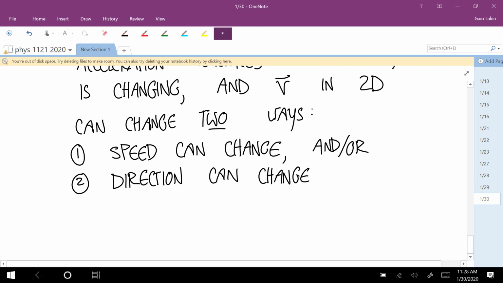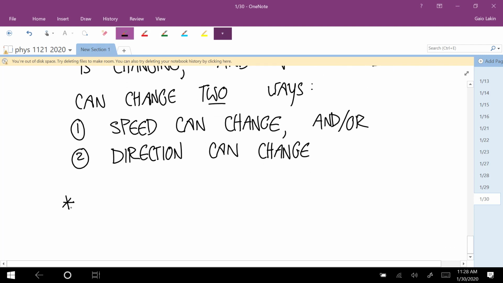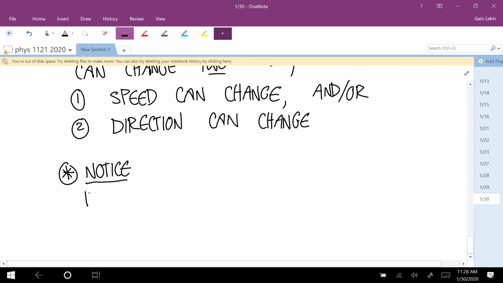And so what I want you to notice is that that is fundamentally different from what the acceleration represented in 1D.